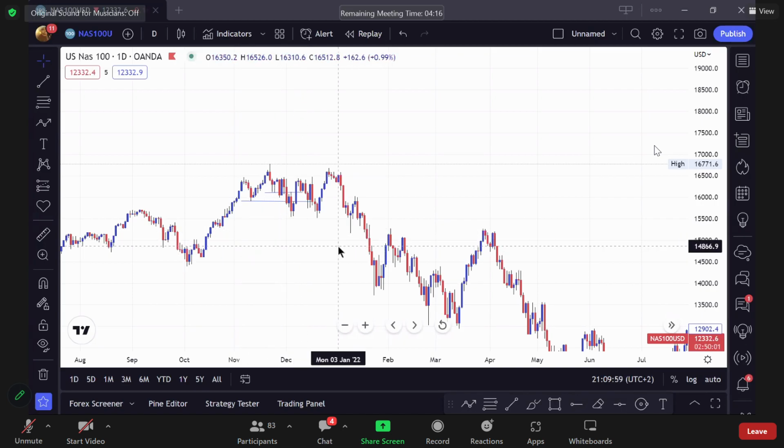where did price show us that, okay, no, we are reversing? To your left there. It was here.